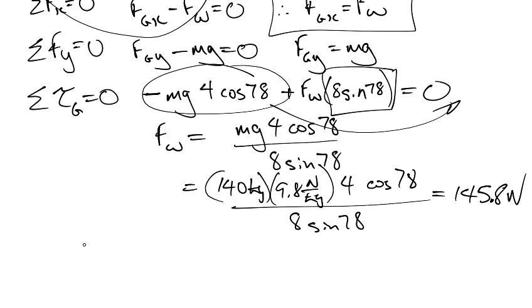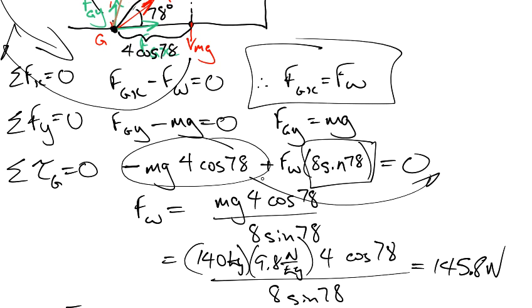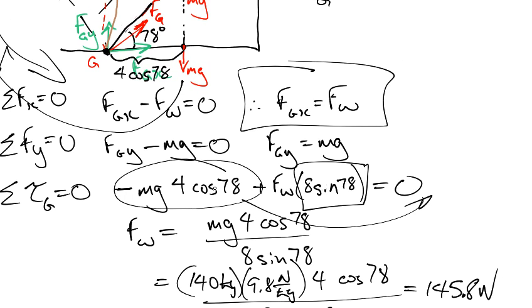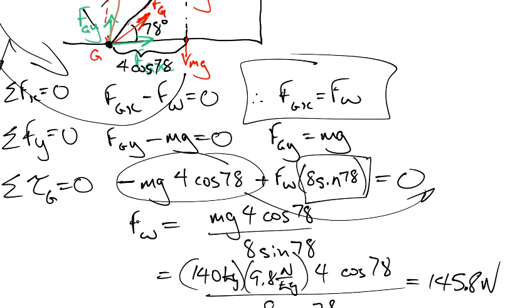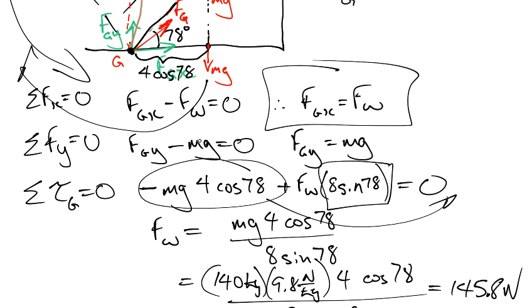Now that we have FW, if you remember from here, FG equals FW. So now we also know that FGX equals 145.8. And the only thing we have left to find is FG. We have the two components of FG, okay, because we know that FGY is equal to mg.